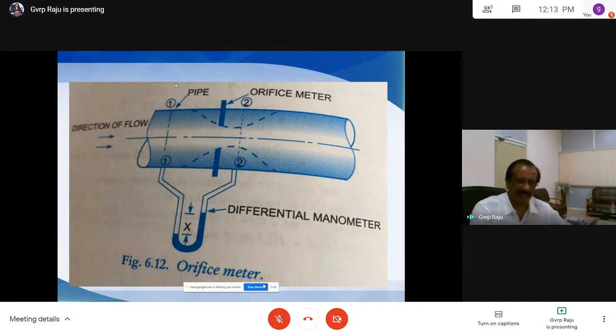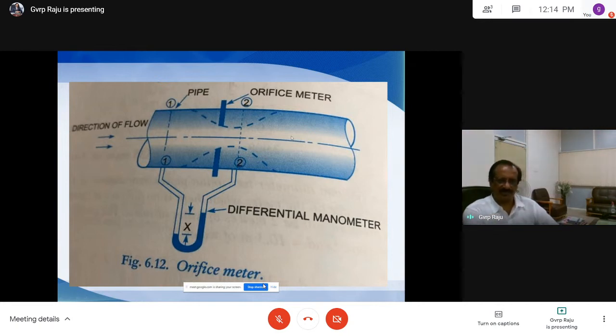By reducing the cross-section area, we have considered this is the area of the flow, and this area of the flow is reduced to this value. So D1 here and D2 here, and the areas are pi by 4 D1 square and pi by 4 D2 square. The cross-section area A1 is more than A2, and what happens to velocity?